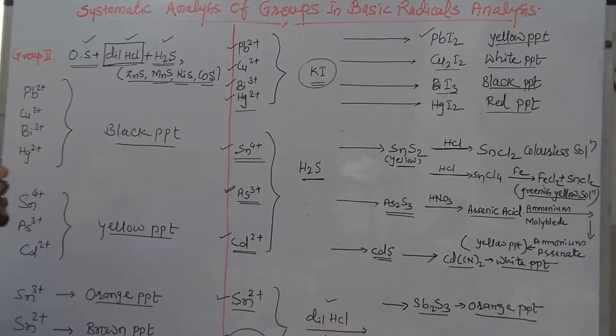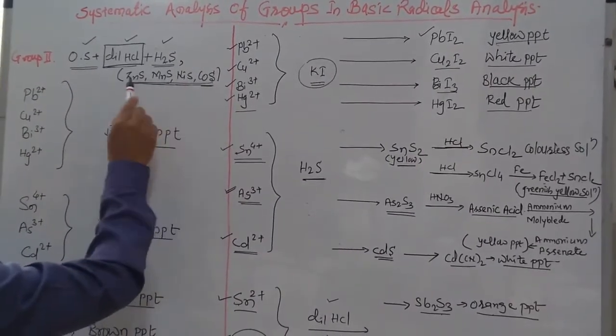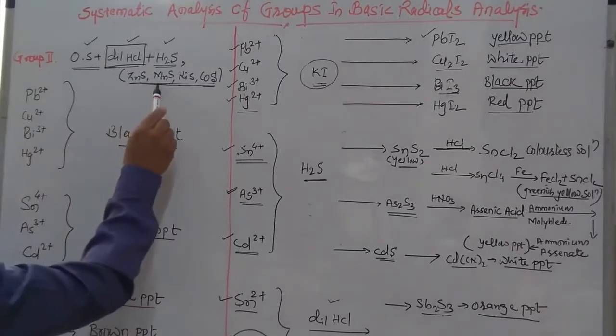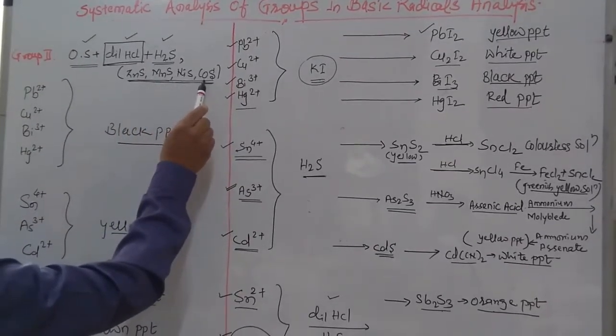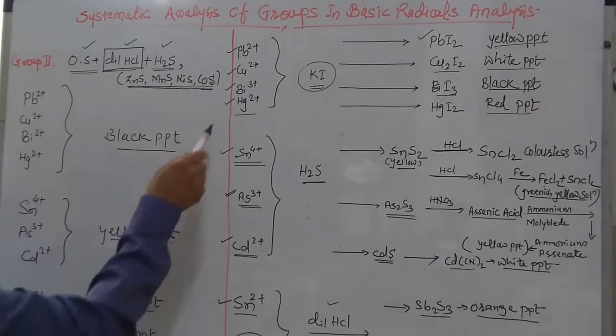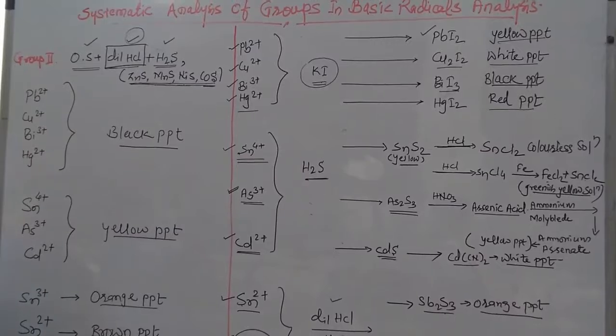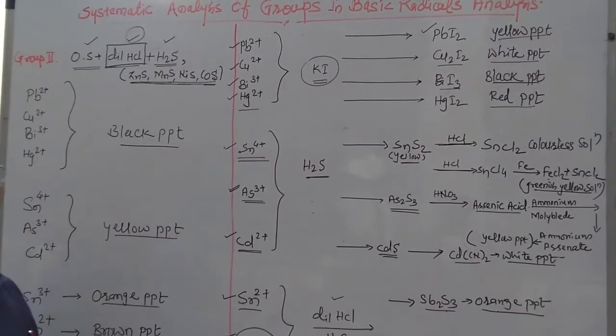Otherwise, we will get the presence of zinc, manganese, nickel, and cobalt radicals, which are present in group 3B, but they are detected here because of the less quantity of dilute HCl addition.